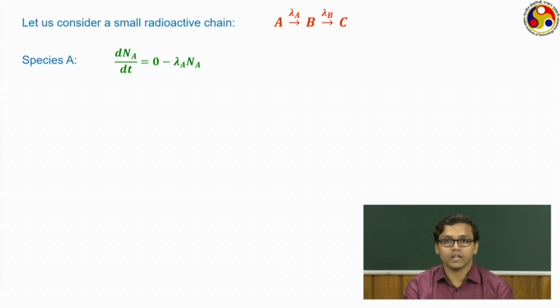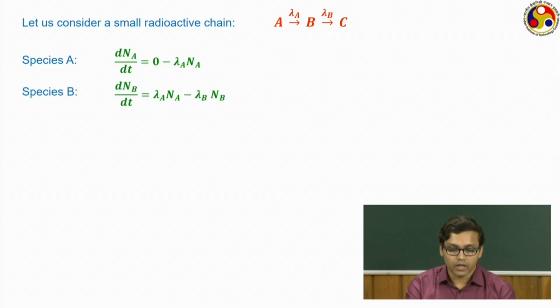B of course can get generated because of decay of A, and it is also getting decayed or disintegrated and getting converted to C. Accordingly, the conservation equation for B can be written like this: rate of change of B nucleus will be equal to lambda A n A, which is the rate of generation, and also the rate of decay of A. Similarly, the rate of decay of B is lambda B into n B, and the balance between these two terms will give you the rate of change of B isotope.